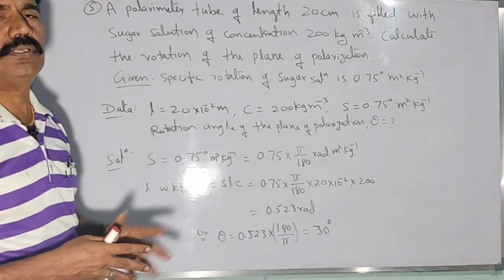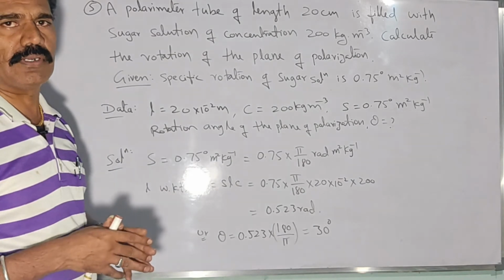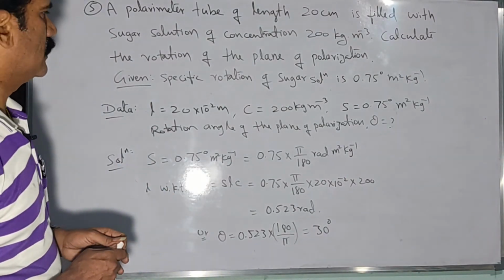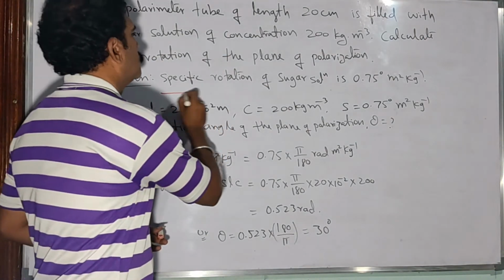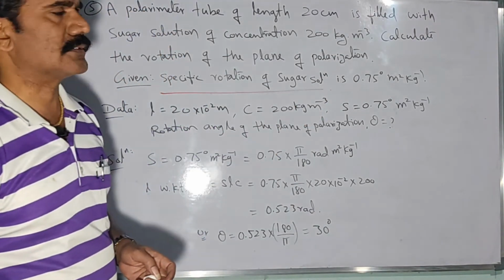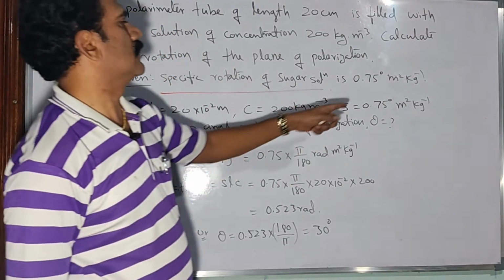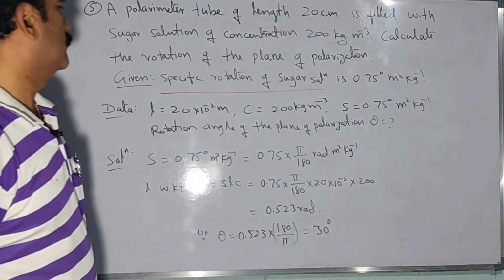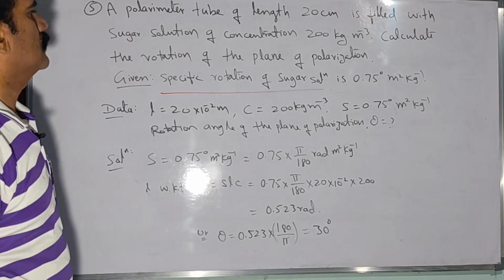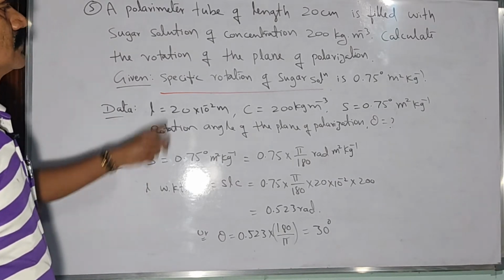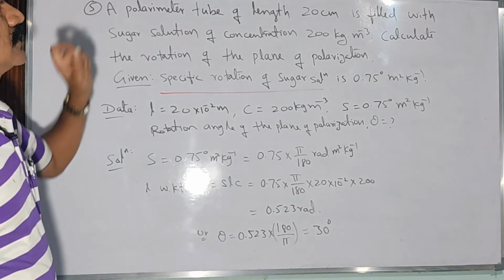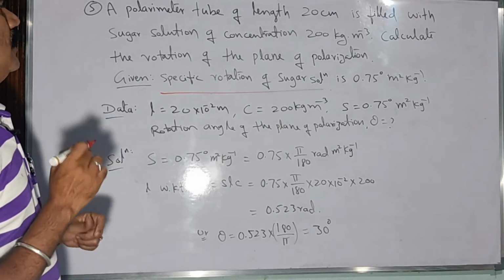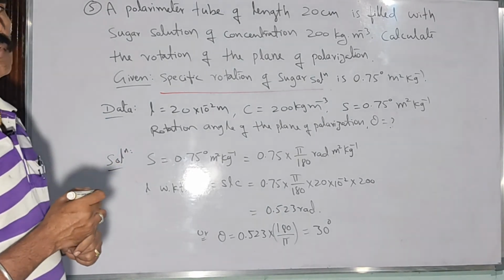That is what we discussed in the previous video, right? Now based on that, knowing some given data, the specific rotation of the sugar solution is a constant, standard value. It is given as 0.75 degree meter square per kg. Now for this particular concentration of the sugar solution, what is the angle of rotation of the plane of polarization?